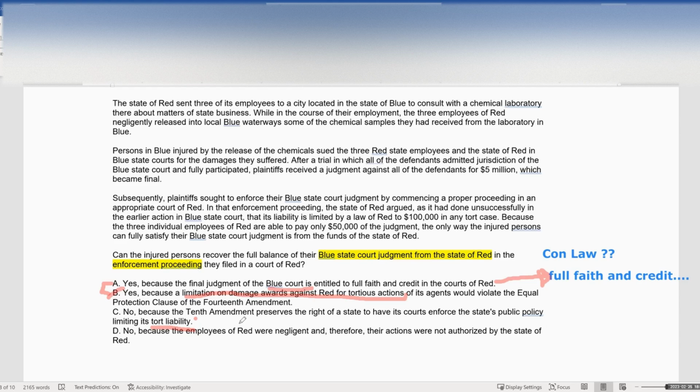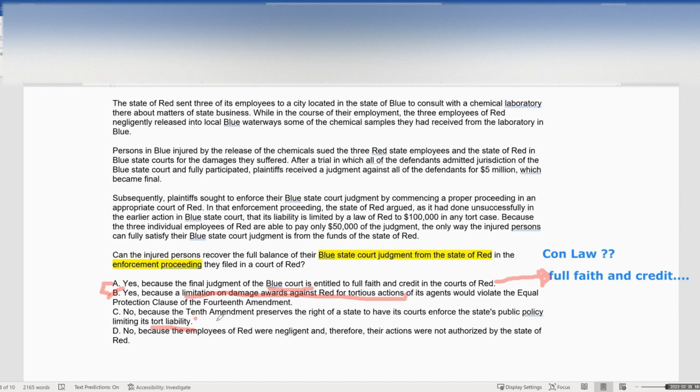In general, the 10th Amendment doesn't give any unwaivable right to have their courts decide cases involving tort liability of the government.